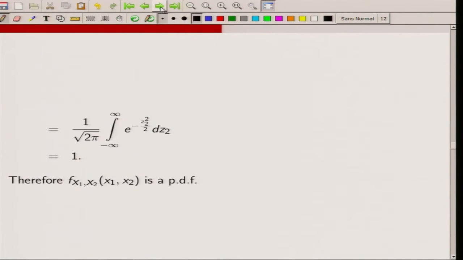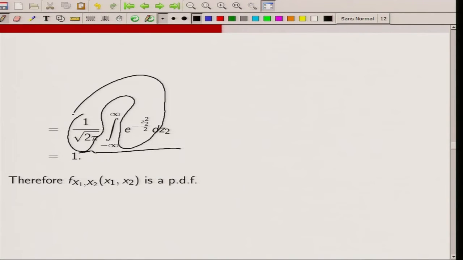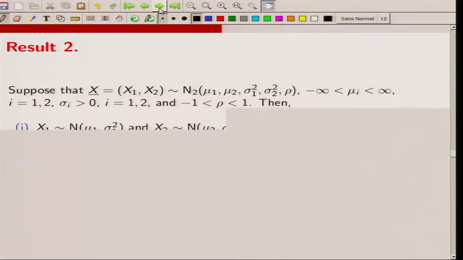So, it becomes 1 by root 2 pi, integral from minus infinity to infinity of e to the power minus z2 square by 2. Again, I use the fact that this is the PDF of normal (0, 1), so this has to integrate out to 1. So, the total f(x1, x2) integrates out to 1. So, it is a proper PDF.